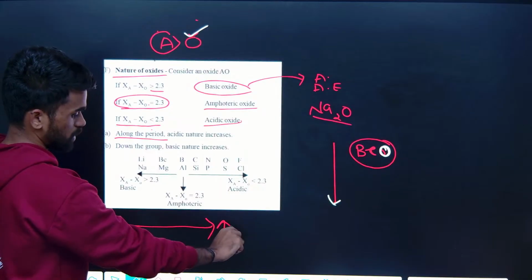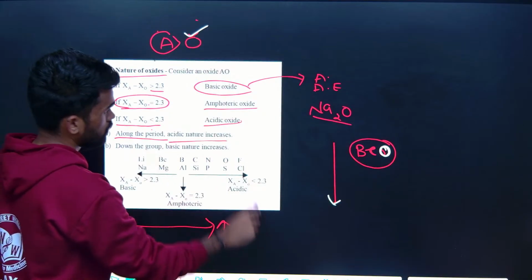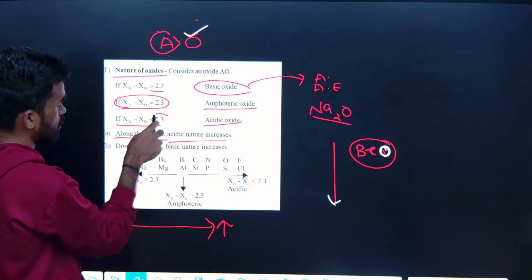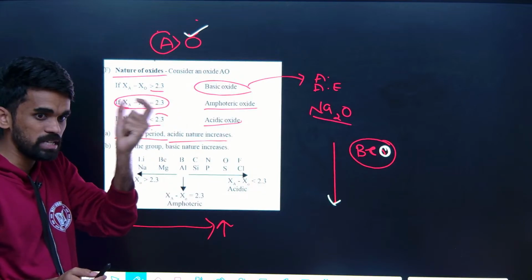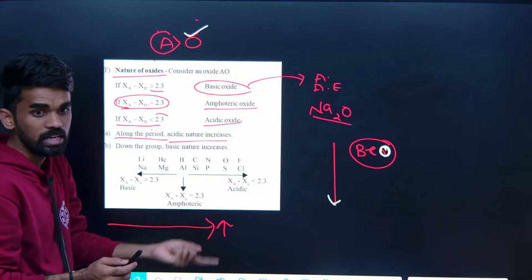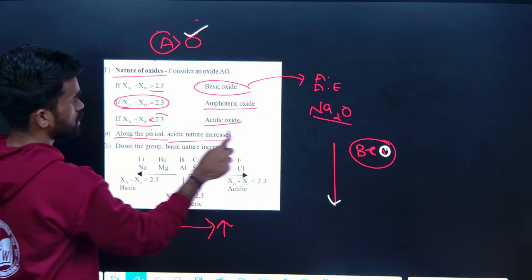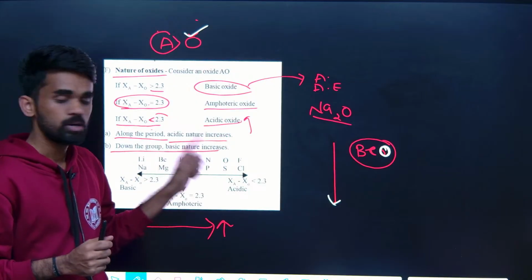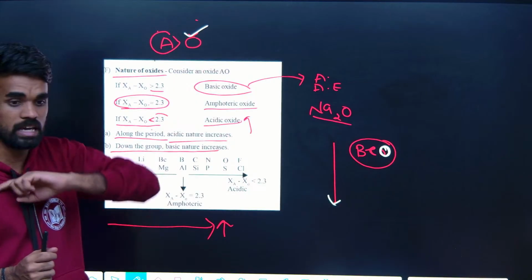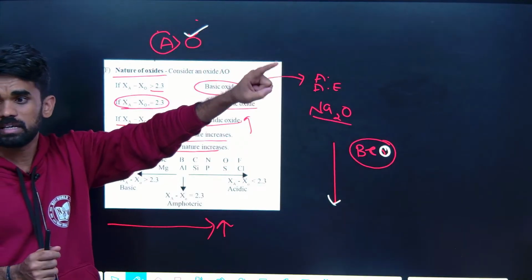Electronegativity increasing means the difference between oxygen and the attached element decreases, so acidic nature increases. So down the group the basic nature of oxides increases, across the period the acidic nature of oxides increases.